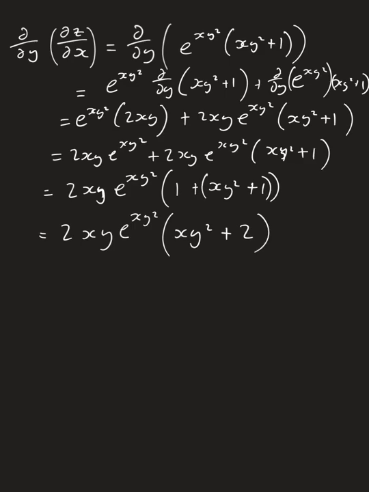So there I've done it the other way around, getting the partial derivative with respect to x first, del z del x, and then differentiating afterwards with respect to y. And you see that you get the same answer, and you always will for any of the functions that we're dealing with.